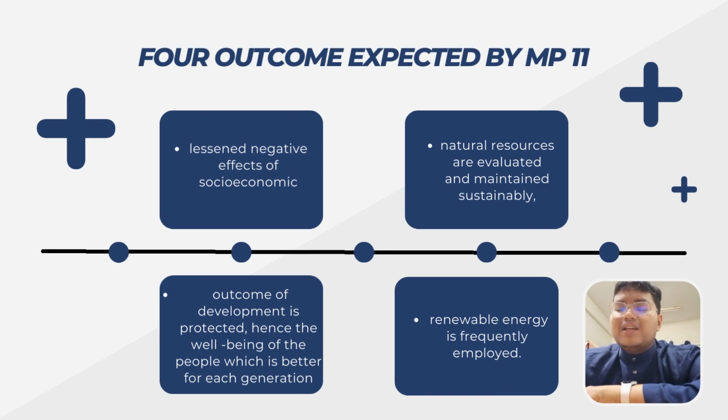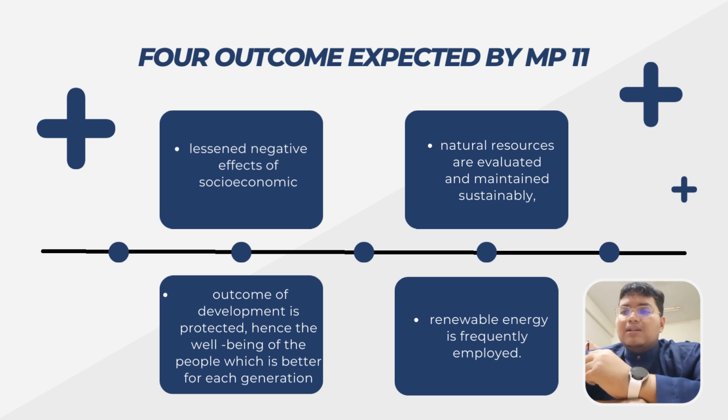So basically, there are four outcomes expected by the 11th Malaysia Plan. Firstly, the government wants to lessen the negative effect of socio-economic development. Second, they want natural resources evaluated and maintained sustainably.